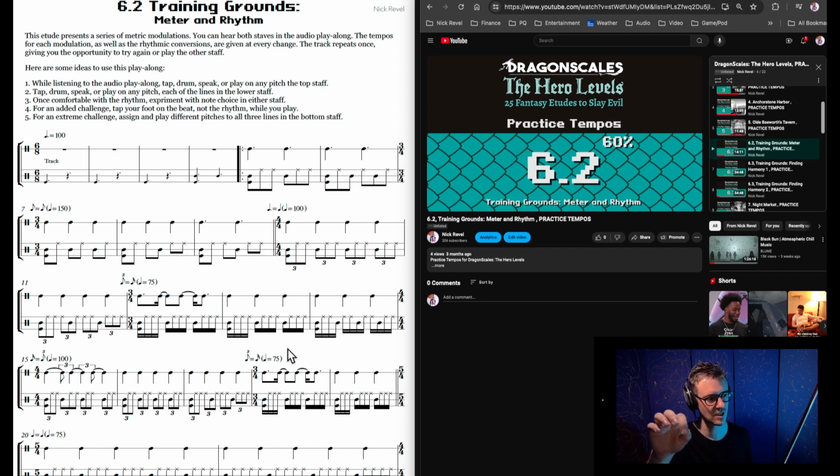Bar 11. Something like that. Just to really get the meter and the pulse in at the same time.